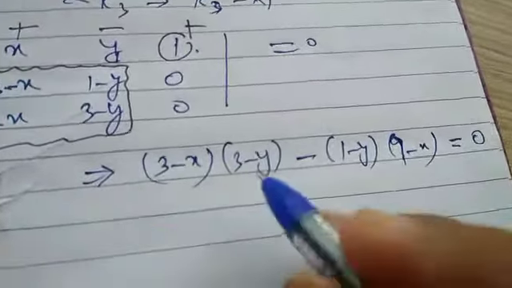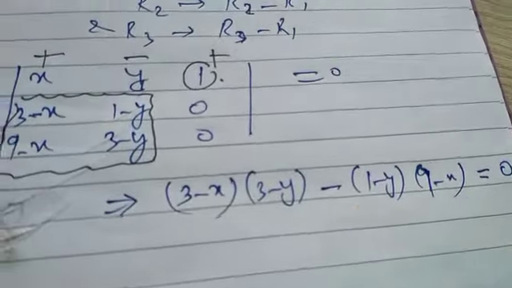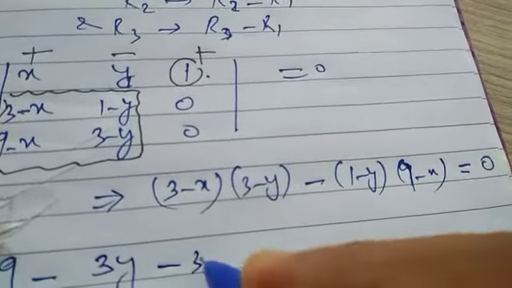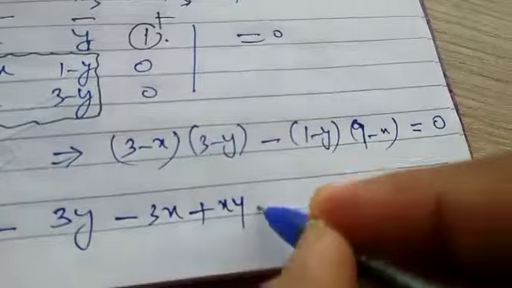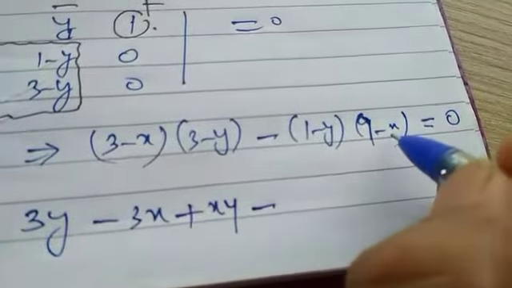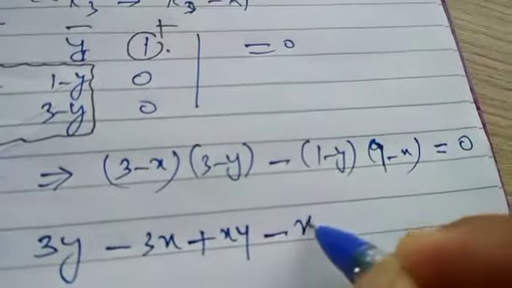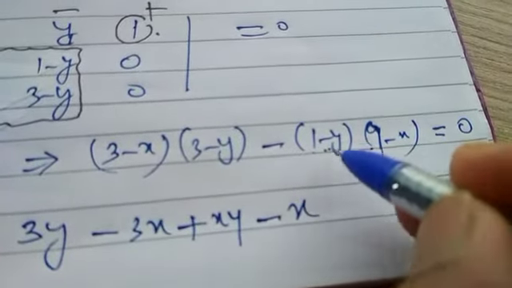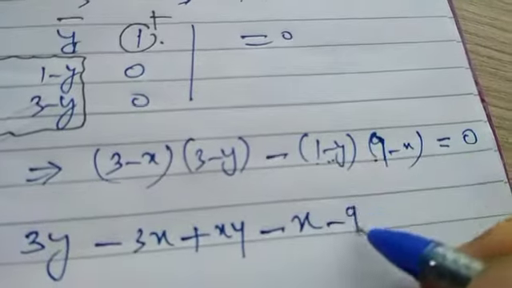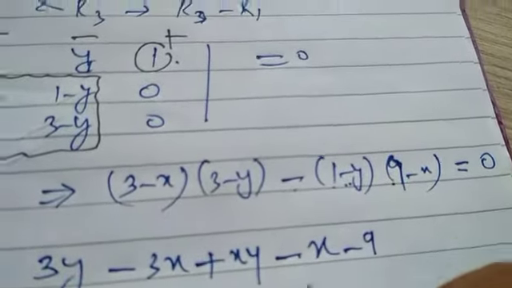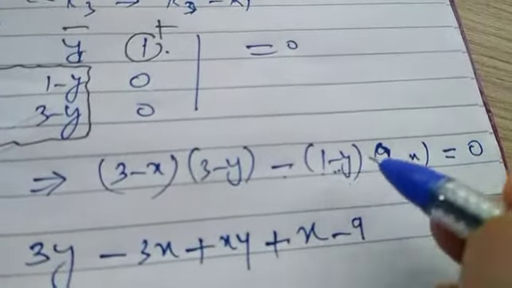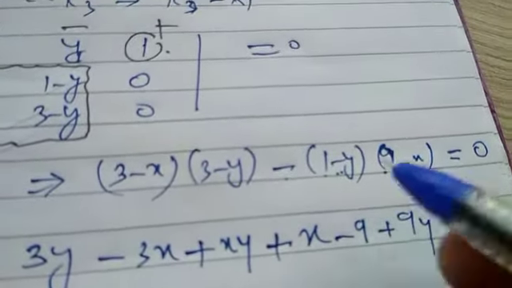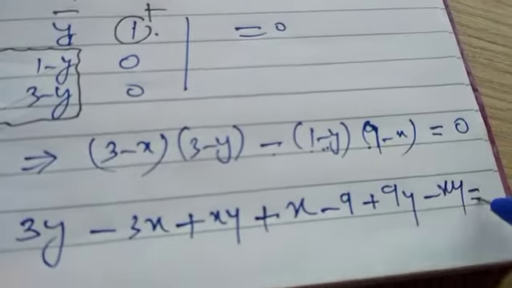So you open this bracket. 3 into 3 is 9, minus 3y, minus 3x, plus xy. Then it will be minus x, but this minus will make it plus. Then 1 into 9, 9, so it will be minus 9. Minus x, so it will become plus x. Now minus 9y will become plus 9y. And the last is plus xy, which will make it minus xy, equal to 0.